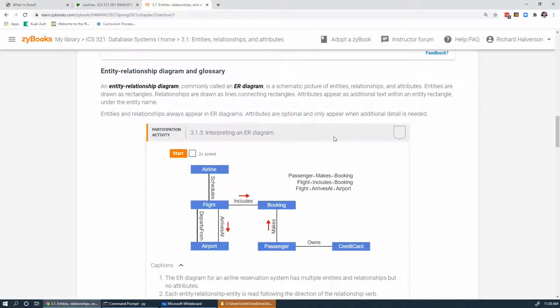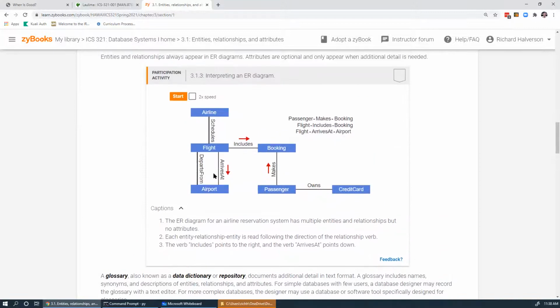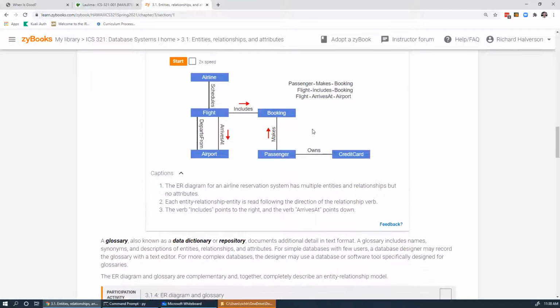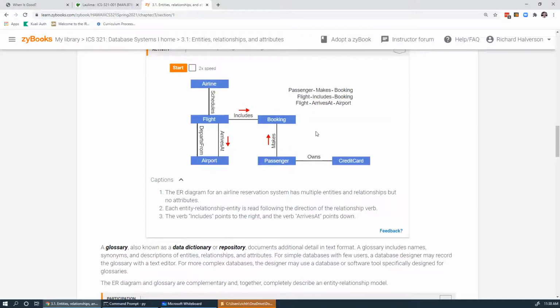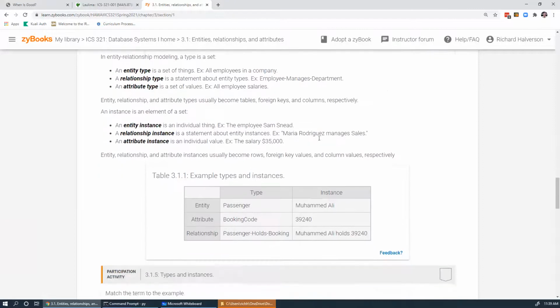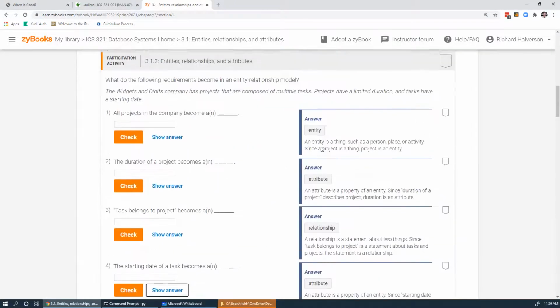Relationships are lines, and attributes appear as additional text inside the box or next to the box. There's a whole science in what these boxes should be, what kind of arrows, do the arrows have directions, do they have little crow's feet coming out of them. We may get to that here.